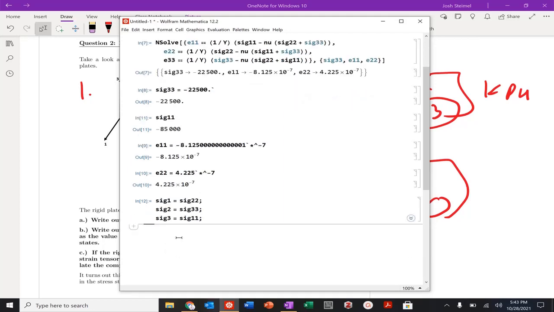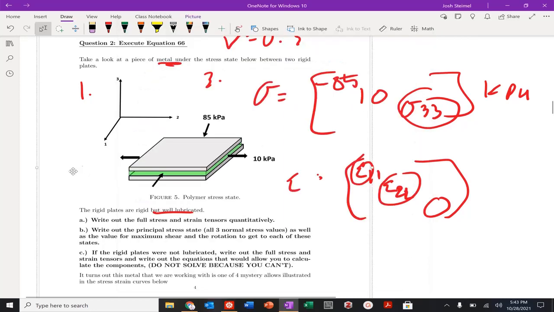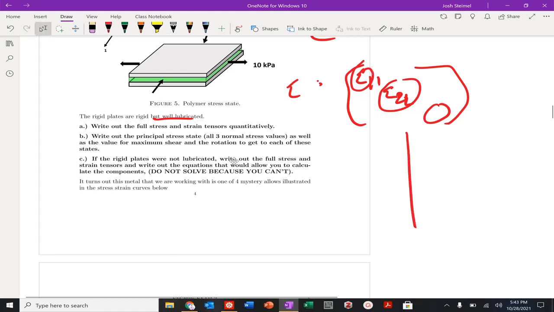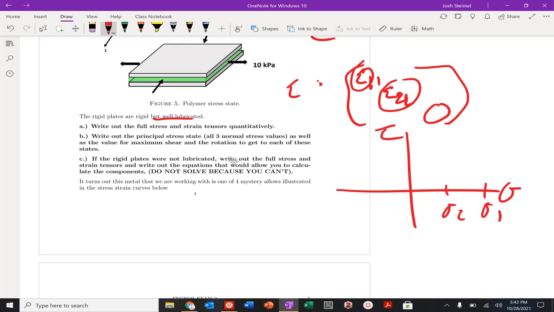I know that if I draw my 3D Mohr circle, because we are in our principal stress state here, with tau and stress axes, I'm going to have my sigma 1, my sigma 2, and then my sigma 3. So I'm going to draw a circle like this, draw a circle like this, and draw the full 3D Mohr circle like this.